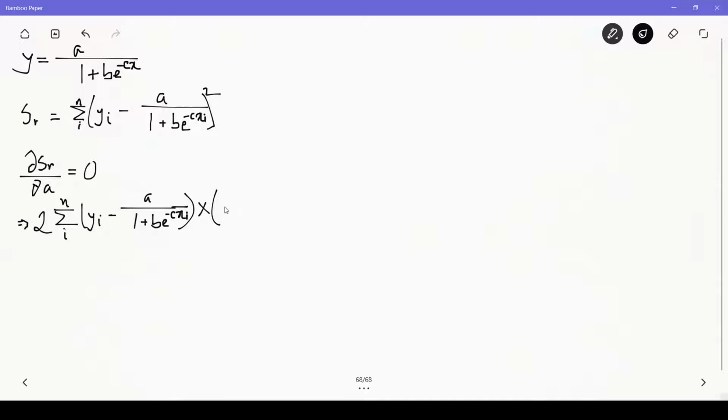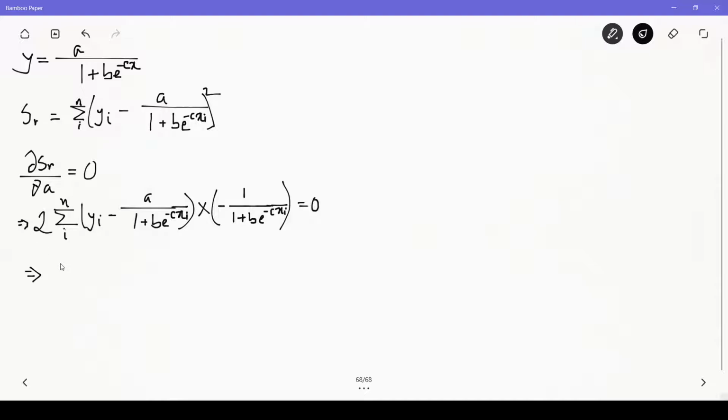We'll just take the constant part, which is the denominator over here, out. So we'll get minus 1 divided by 1 plus b e to the power minus c x_i, equals 0. This in and of itself is okay, but we can further simplify this in order to match with the equation given on the slide.